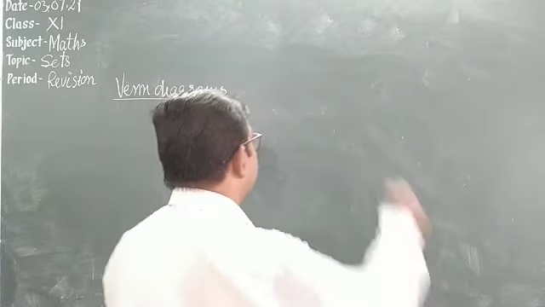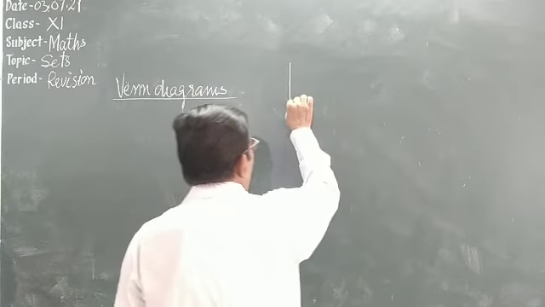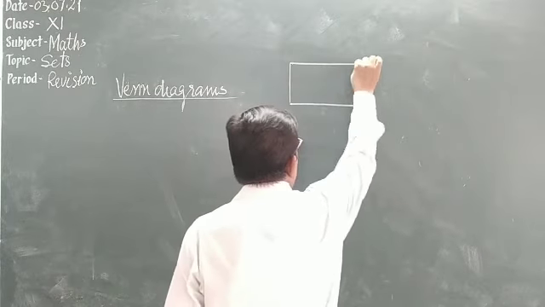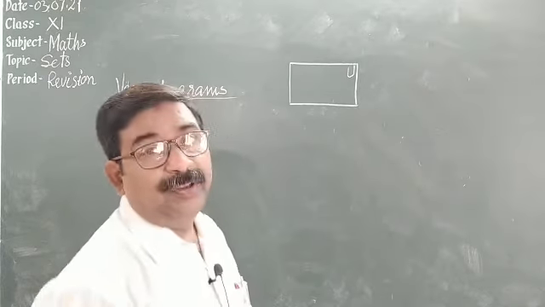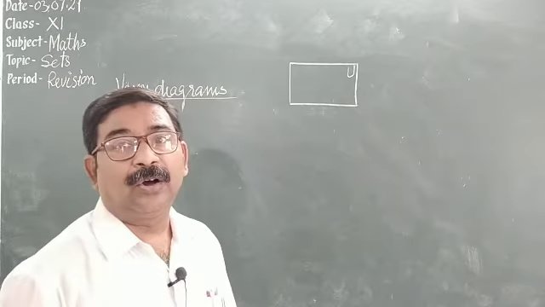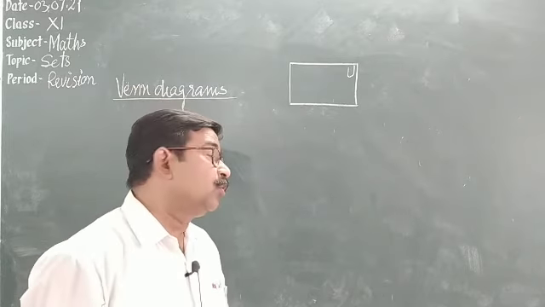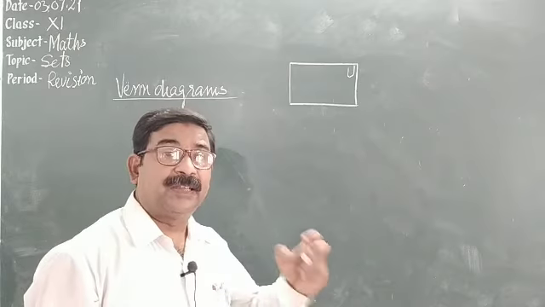For the universal set, we use a rectangle, and for sets we use a circle or oval. So we have different cases in a Venn diagram.